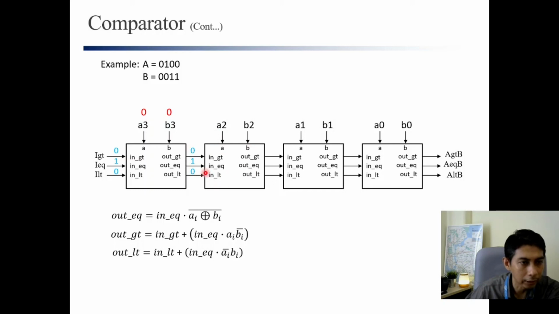Now go to the next stage, A2, B2. So we know that our GT must be 1 in this case, and the rest is don't care already.